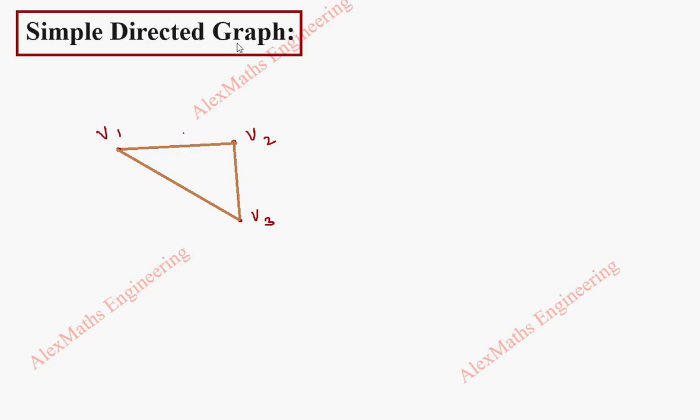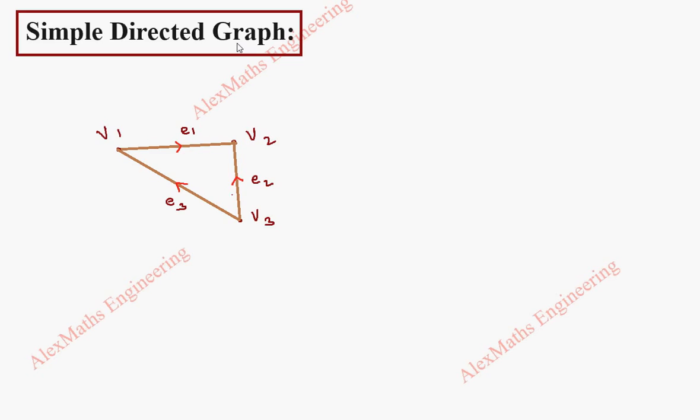Let's name this as E1, E2, E3. And if I give a direction, edge E1 is the one which is incident on the vertex V2, and edge E2 is again incident on the vertex V2, and edge E3, let's take it as incident on the vertex V1. So like this we give a direction.